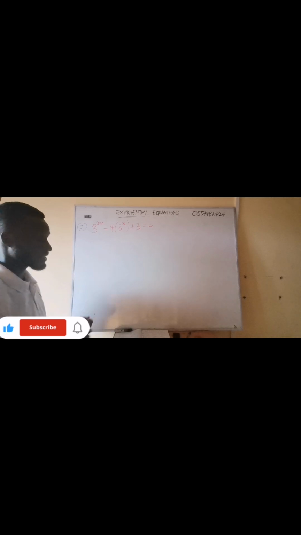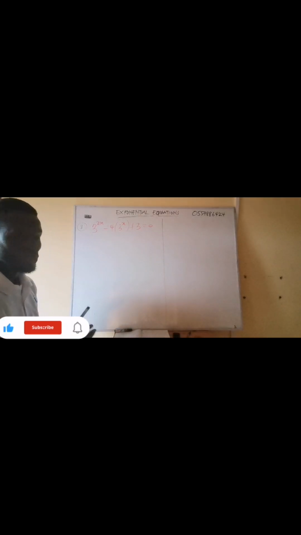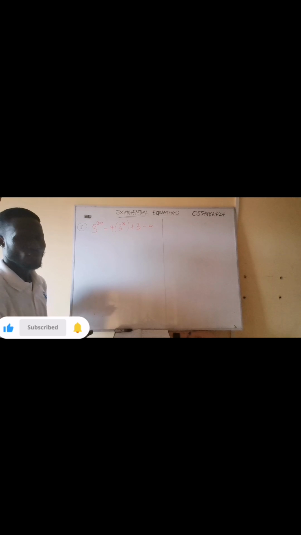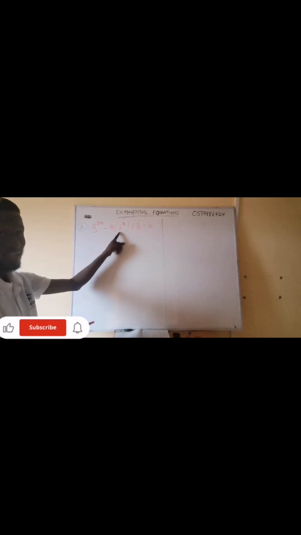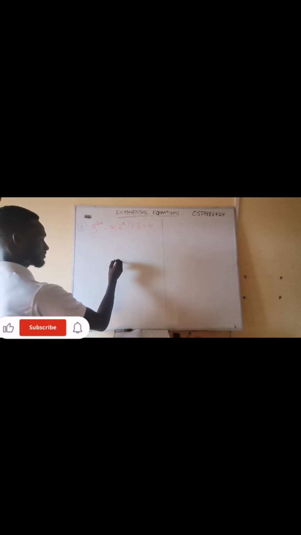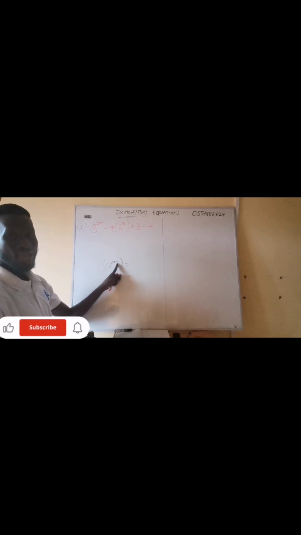Now, this question is a direct quadratic equation. But what we're going to do is to make the thing look so simple for you. Yes. Now, I'm going to do substitution for the 3 exponent x. You know that if you have a exponent mn, it means m is multiplying n.